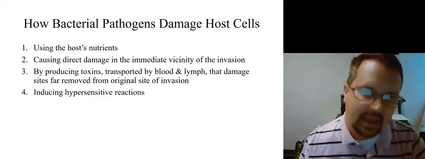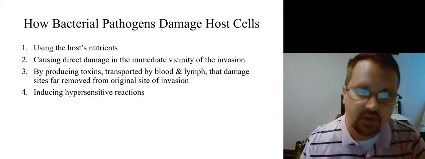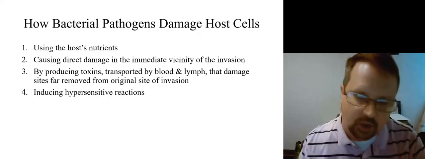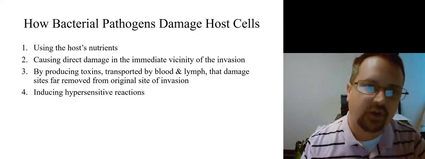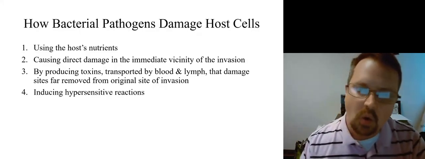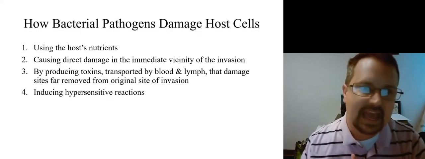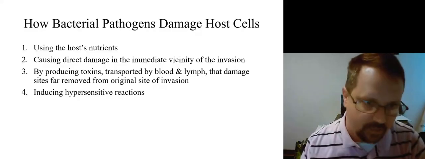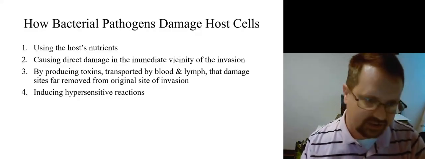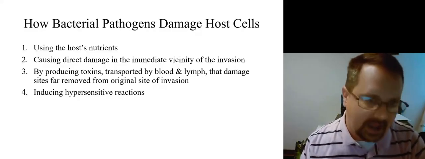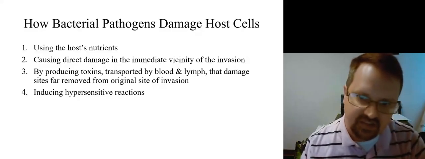Now, bacteria can damage host cells. They can actually use the host nutrients. So one of the things we can do is, you have valuable nutrients like iron or other nutrients, and we can take those nutrients away from the host cell and use them ourselves. We can cause direct damage in the immediate vicinity of the invasion.